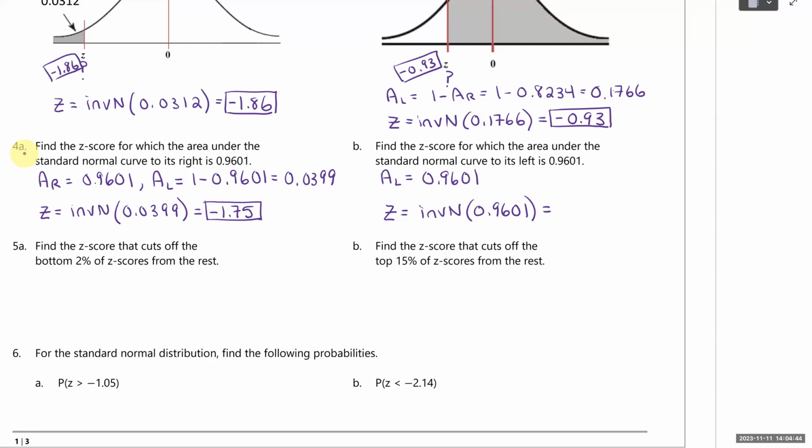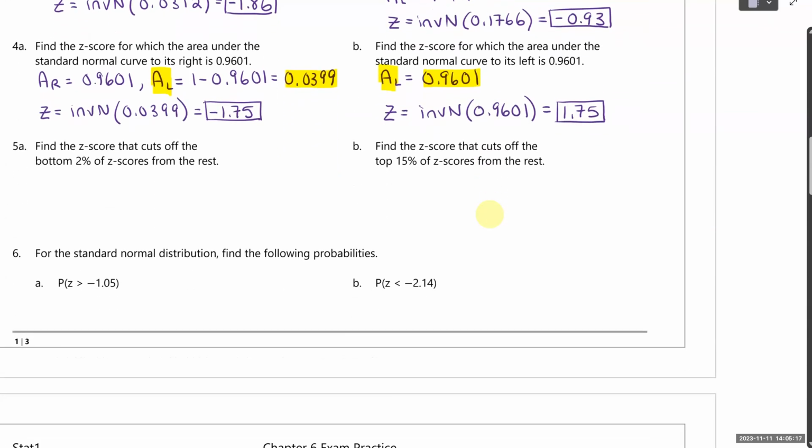Okay, and that one will be positive 1.75. All right, so just remember, inverse norm area left. Inverse norm area left. If they give you the area right, find the area left and inverse norm. If they give you the area left, go straight to inverse norm.